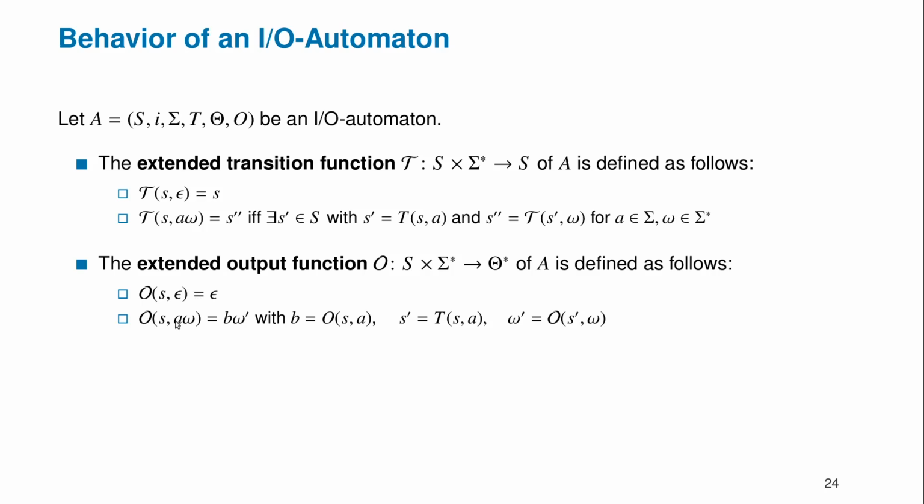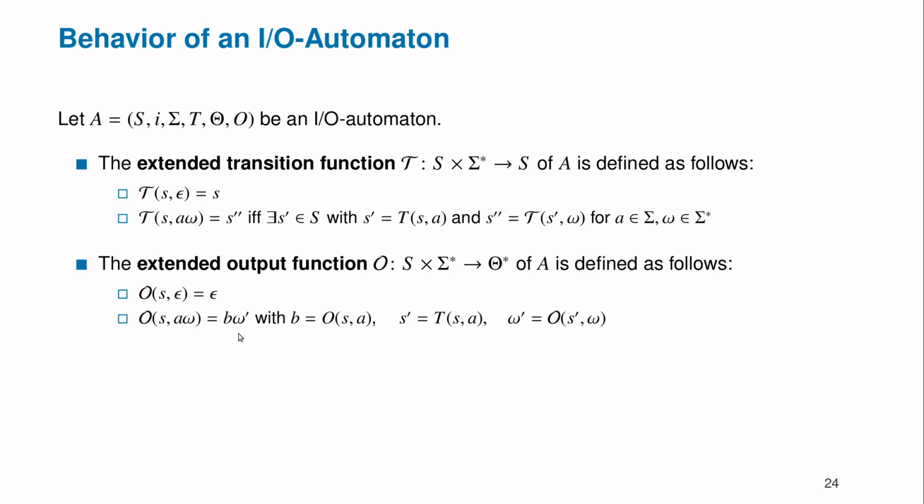And if I have a word of length at least one, starting in a state S, then assume that when I'm in state S and I read A, the original output function produces the letter B. Then in the extended output function, I get a word which starts with the letter B, and assuming that when I'm in S and read A, I go to S prime, then the output that is produced starting from S prime with respect to the word omega, which was the remaining word here, gives us omega prime.